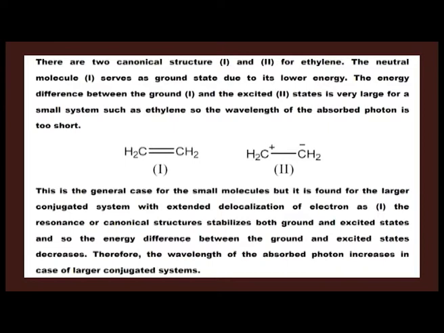This is the general case of small molecules, but for larger conjugated systems, the extended delocalization of electrons, as in the first structure of resonance or canonical structure, stabilizes both ground and excited state, and so the energy difference between the ground and excited state decreases. Therefore, the wavelength of the absorbed photon increases in larger conjugated systems.